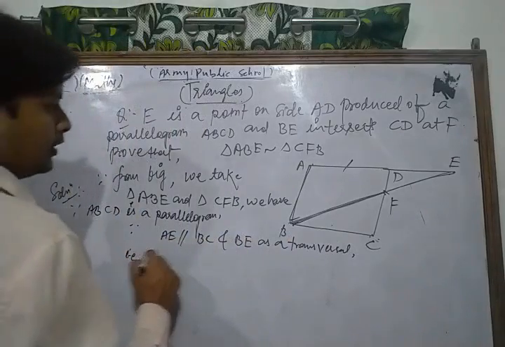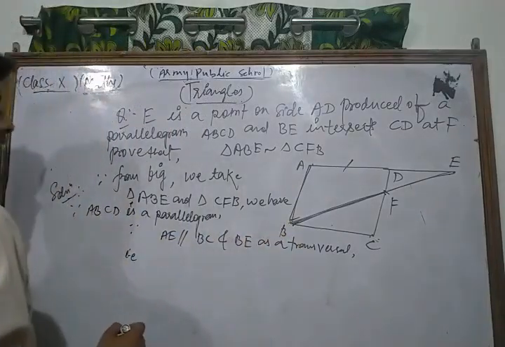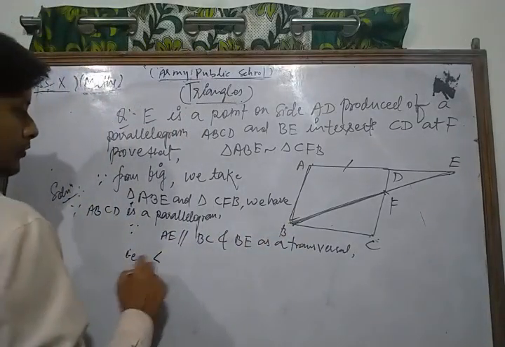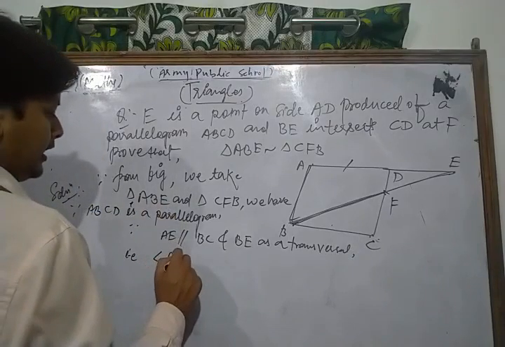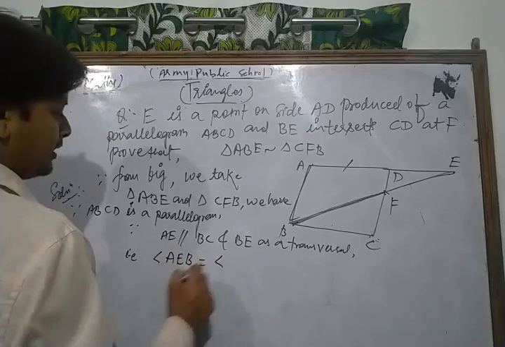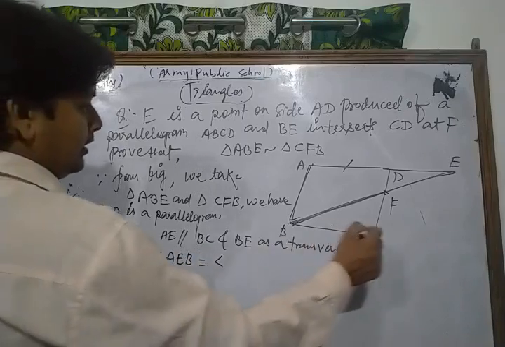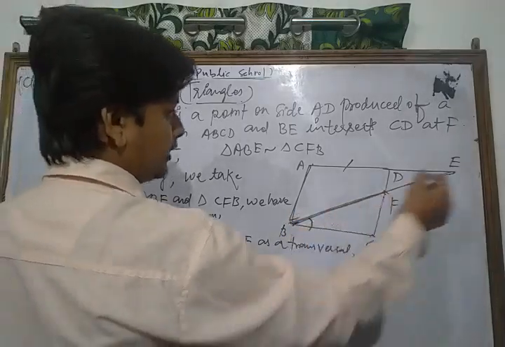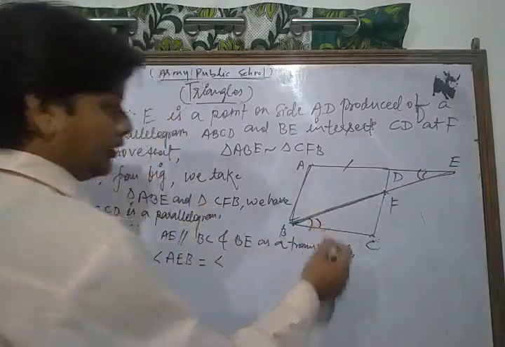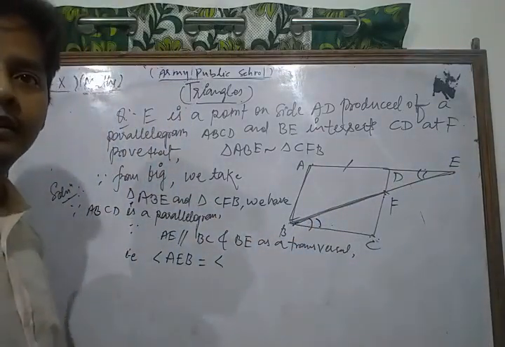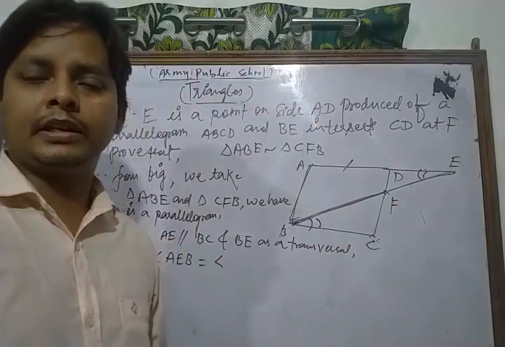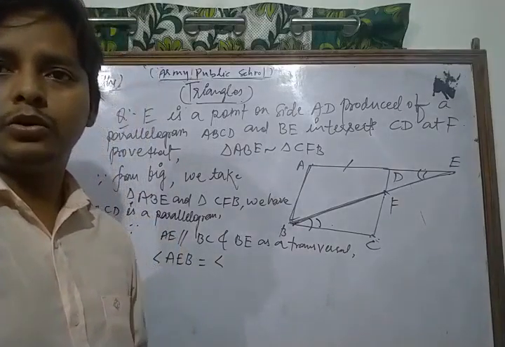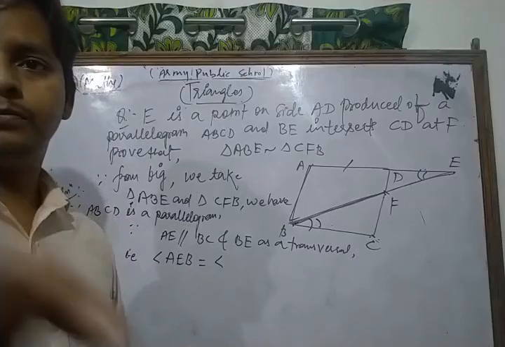That is, angle AEB is the same as angle CBF. These are the alternate interior angles. Because alternate interior angles are equal to each other. Okay.